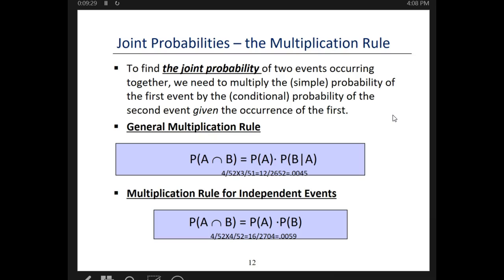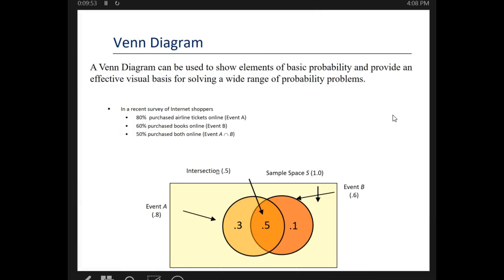The math on that is going to be 12 over 2652, or about 4%. For independent events, they're both going to be 4 out of 52, or just under 6%, a little bit higher probability for the multiplication of independent events.